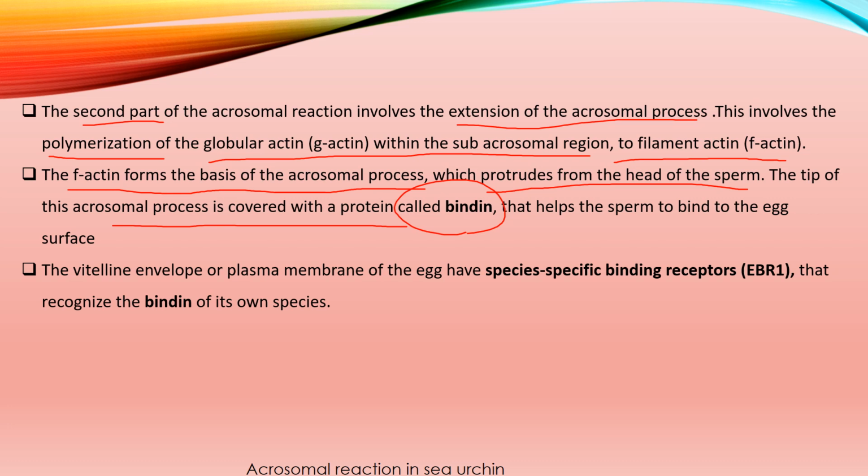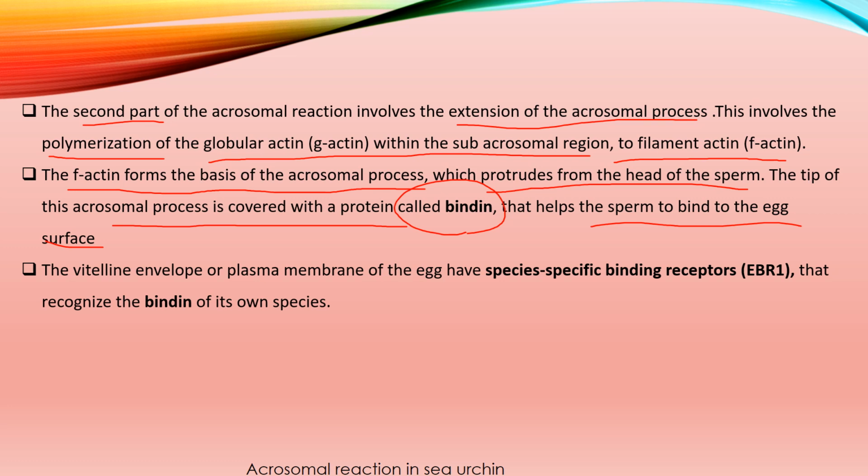Where is it present? It is present in the acrosome of the sperm. What is the function of bindin? Its function is to bind the sperm to the egg surface. So bindin acts as a ligand, and it should bind to a receptor on the egg surface.